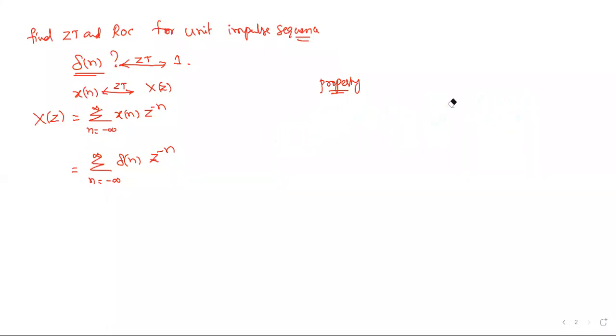What is that formula? Using the shifting property. What is the shifting property? Summation n equal to minus infinity to infinity x of n del of n minus n naught is equal to x of n naught.